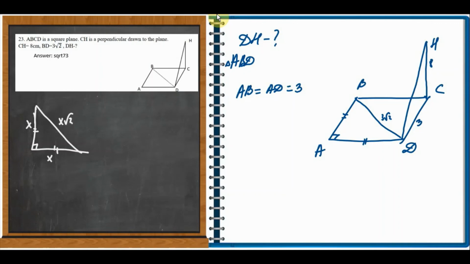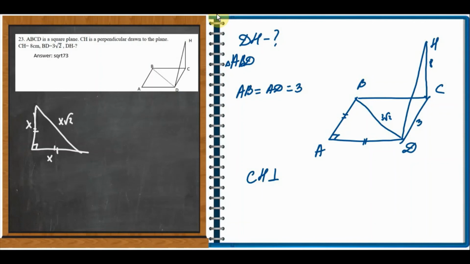Now, when a line is perpendicular to a plane, it is perpendicular to every line from that plane. Right, CH is perpendicular to the plane. It means that CH will be perpendicular to which line?